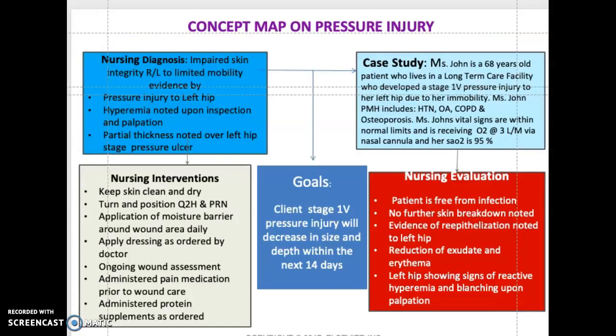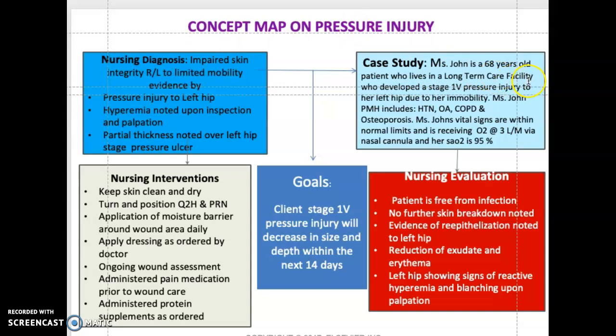I have a concept map on pressure injury. So I wanted to create this simple concept map to give you a basic understanding of how to formulate a nursing diagnosis. So impaired skin, we have a case study.